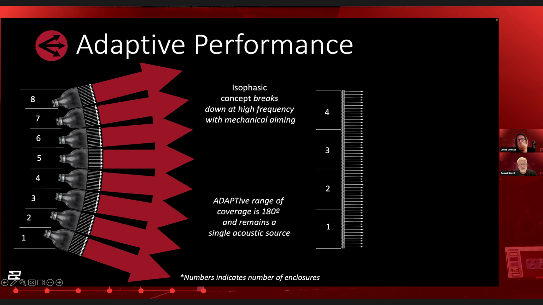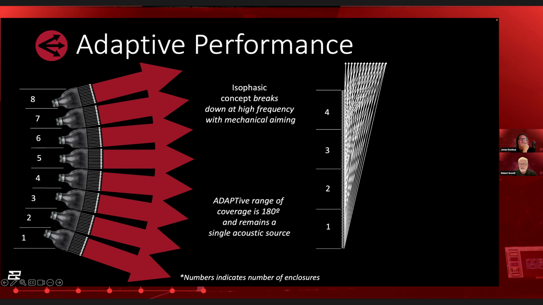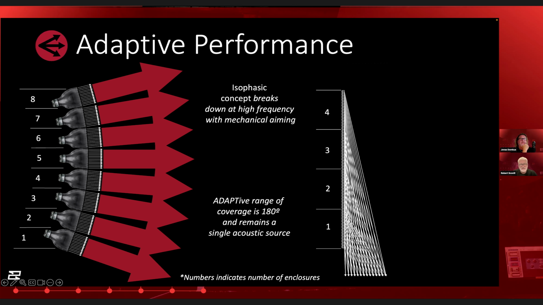So here, as I mentioned, in mechanically articulated, we would have to add more cabinets in order to cover a geometry. In adaptive, we can go 90 up and 90 down and anything in between, and be able to cover this geometry vertically, and not only cover it vertically, but be able to cover it asymmetrically as well. Jonas is going to give you some examples of that when he does his section of it.